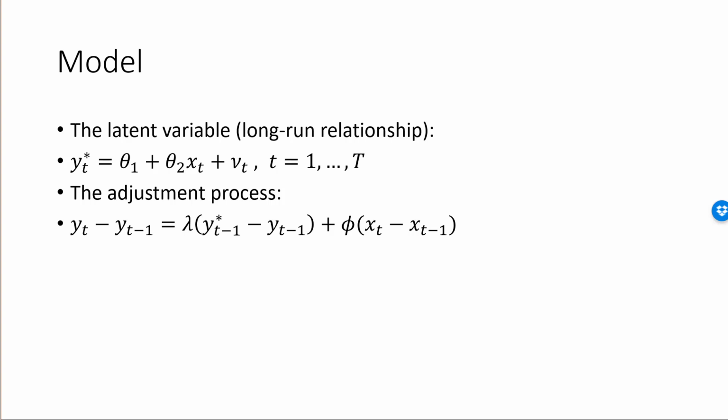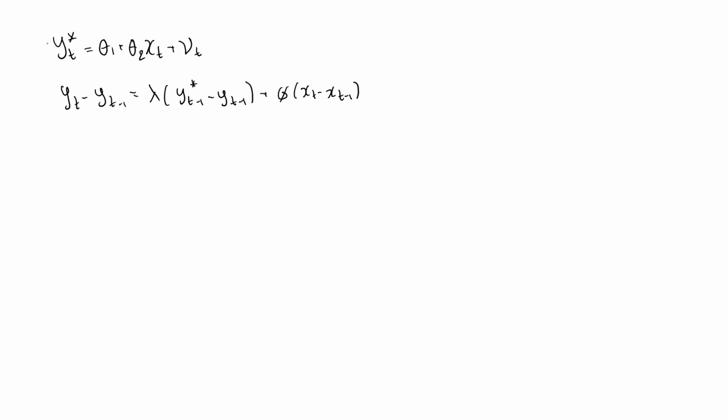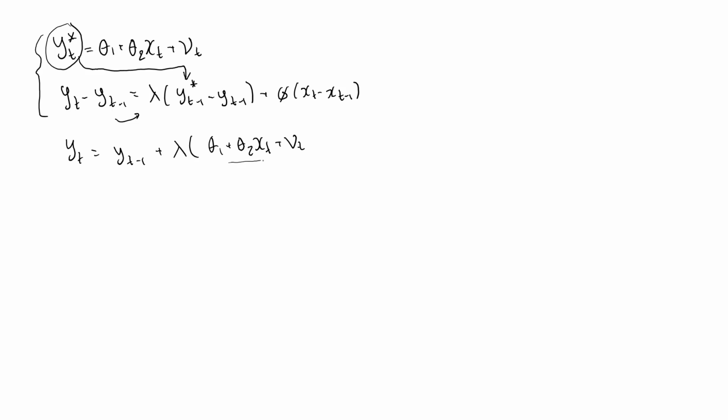Finally, according to the error correction model, the total adjustment, the total change in y, is the sum of these two effects. So the error correction model is the combination of these two equations, where again this is unobserved, but if I plug it in here in the adjustment process, I get that yt, I can move this over on the other side, yt minus 1 plus lambda theta 1 plus theta 2 xt plus nu t, that's yt minus 1 star.